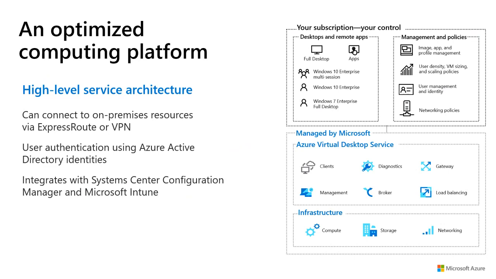The users authenticate with Azure Active Directory identities, and it can be integrated with Windows System Center Manager, or you can synchronize it to integrate with Intune if the organization already has it configured.